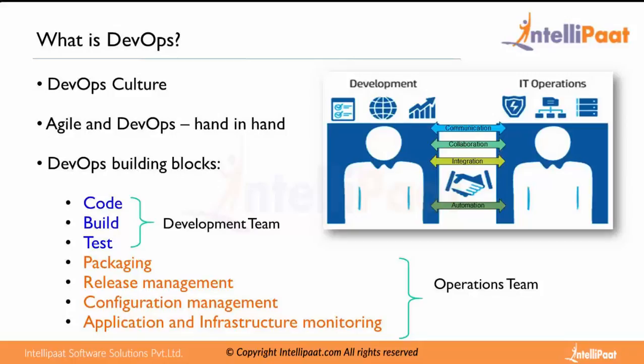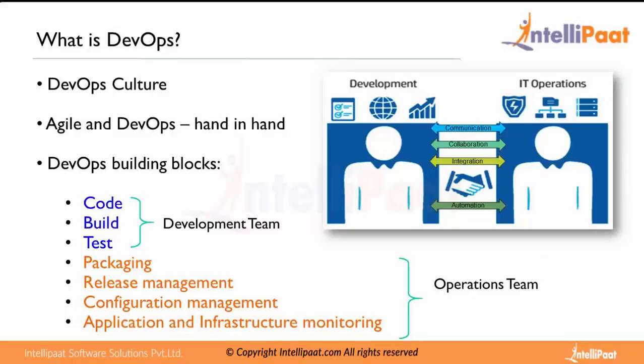Although DevOps is just a culture, having automation is going to make the DevOps implementation successful. So have the right tools in place to automate all these areas, and have continuous integration, continuous delivery or deployment, and continuous monitoring in place. So this is in brief about DevOps as an idea.